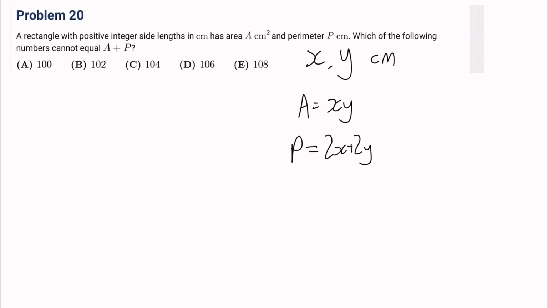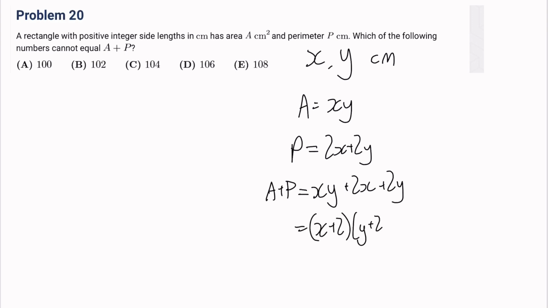A plus P, we add them together. So it's xy plus 2x plus 2y, right? And so this is x plus 2 times y plus 2, and since this has a leftover 4, we have to subtract 4. That's A plus P.